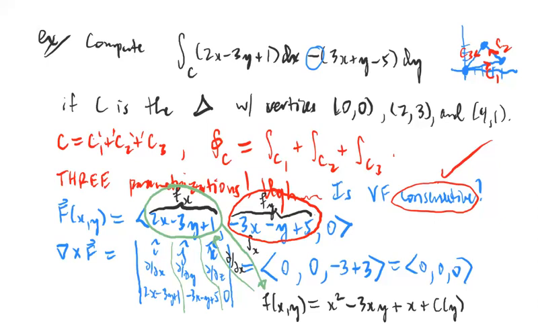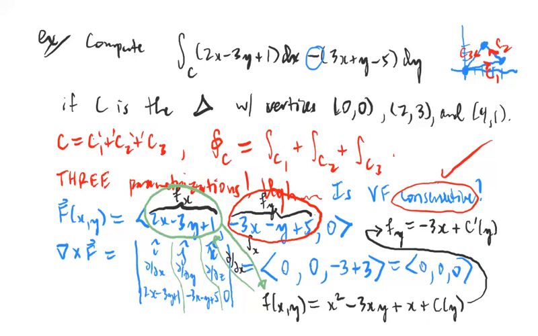Okay, but working with this, what's f sub y equal to? Interestingly, f sub y would be equal to negative 3x. So far so good, right? The only other place that we could possibly have some y's is in c of y, don't you see? So it's going to be plus c prime of y.